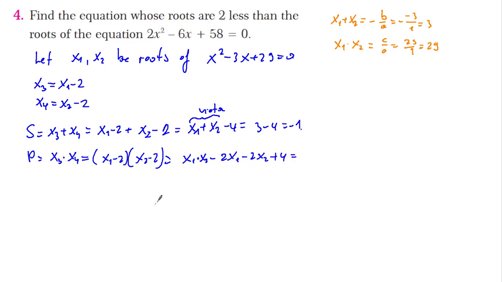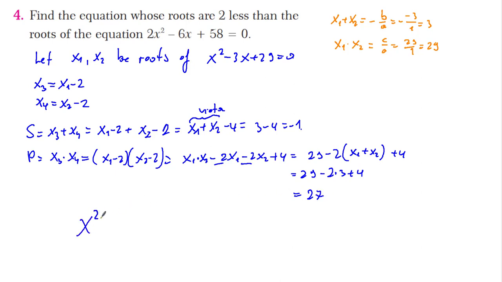So x1 times x2, you can get it from Vieta's theorem, that's 29. We can factor a negative 2 here, so we get the sum x1 plus x2 in the brackets, plus 4. Now, that's 29 minus 2 times 3 plus 4. Negative 6 and 4, negative 2, 27.